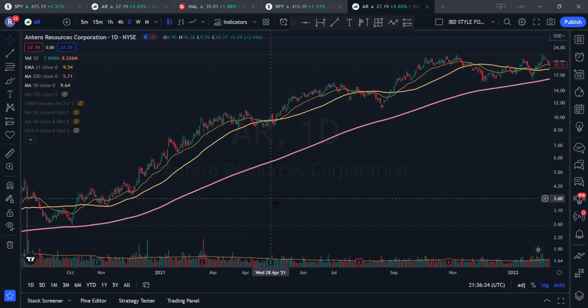Some people look at other moving averages as well. Swing traders also look at the 8 EMA, even the 5 EMA, because they're short-term traders.